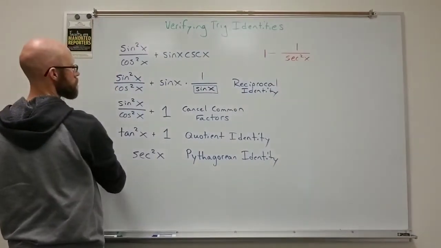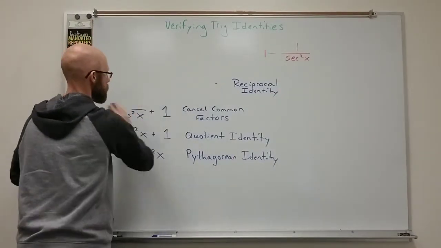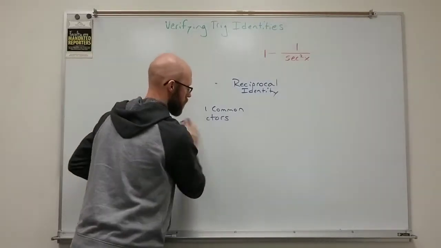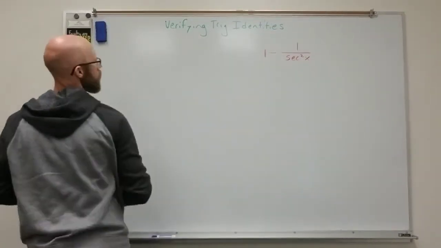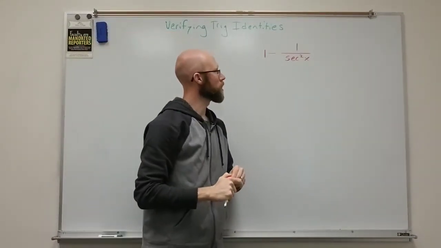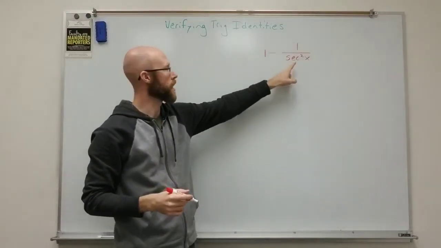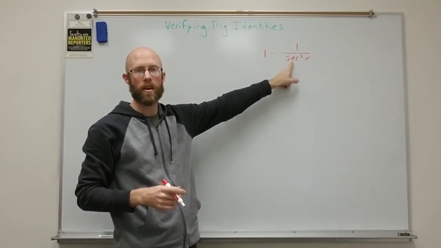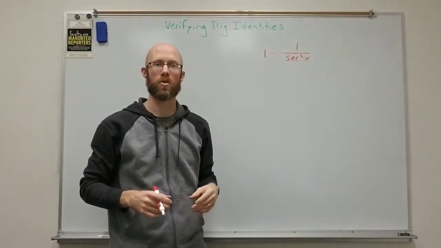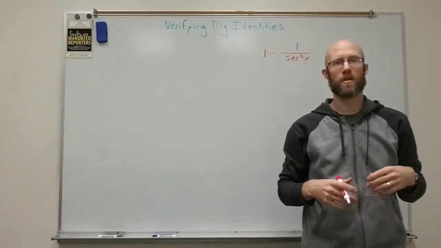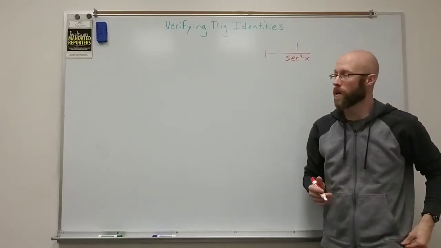Let me get rid of this one. Again, I think it's useful as I look at this one to simplify. I would turn this 1 over secant into an expression with sines and cosines if possible.